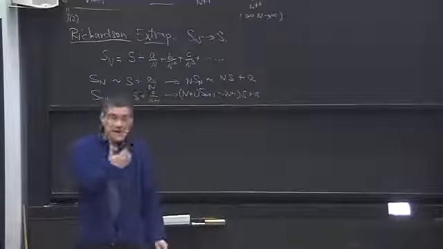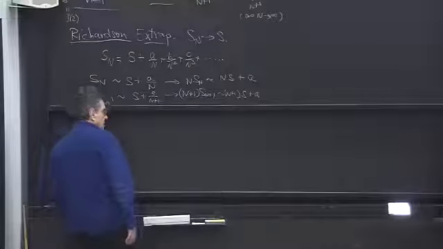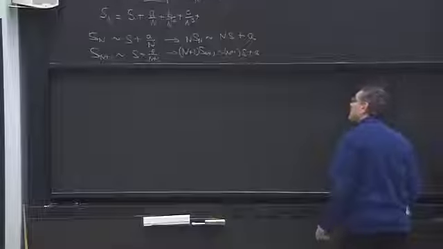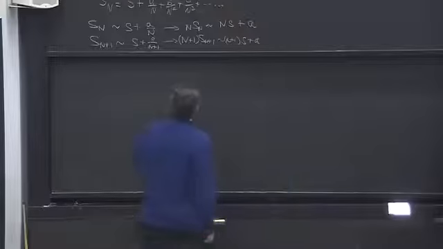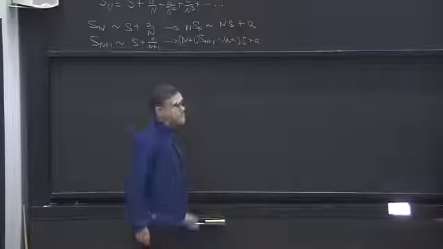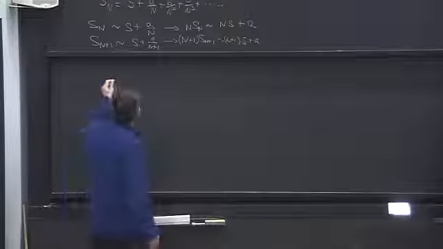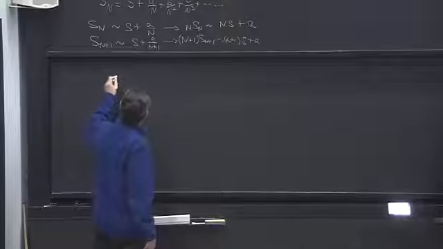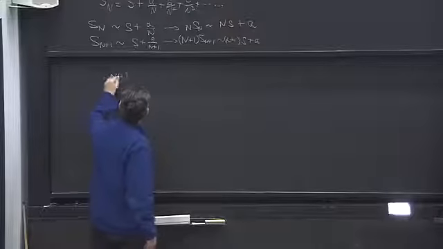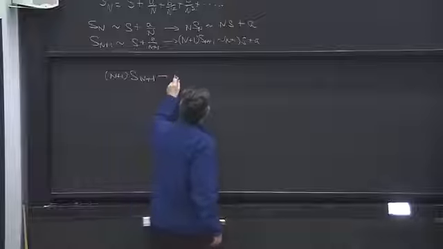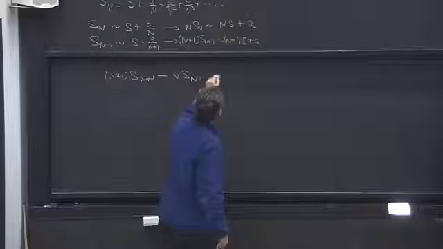Now, all I need to do is subtract the top equation from the bottom equation. And what I get is that n plus 1 times Sn plus 1 minus n times Sn is s.